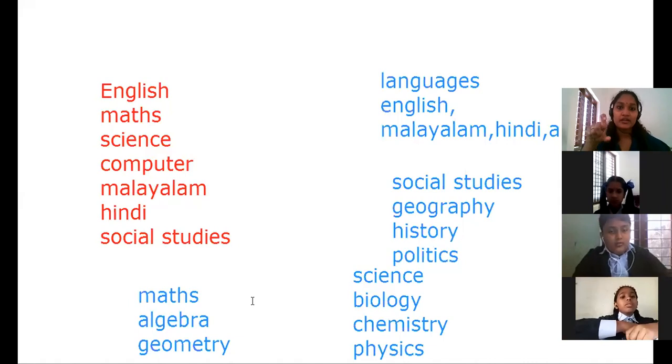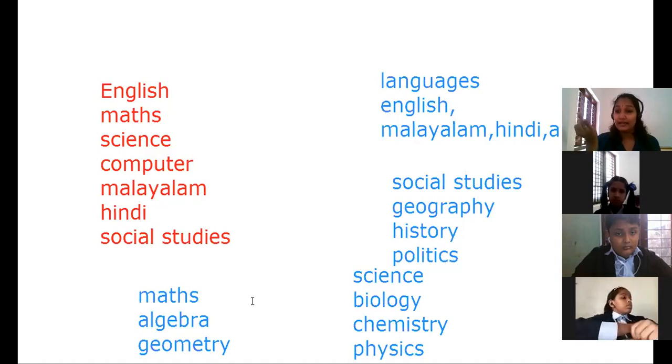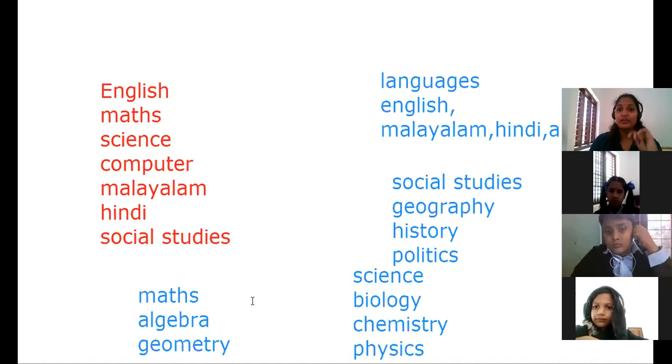In school we study different subjects. We learn English, math, science, computer, Malayalam, Hindi, social studies. English, Malayalam, Hindi, Arabic are the languages, and social science and mathematics are the subjects we study. Social studies can be classified as geography, history, politics.